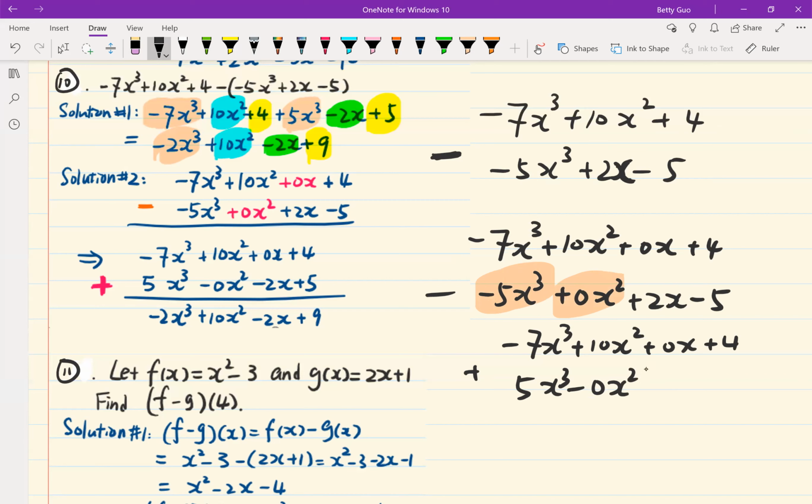It really doesn't matter because the opposite of 0 is still 0. And we write 2x as -2x. -5 as +5.